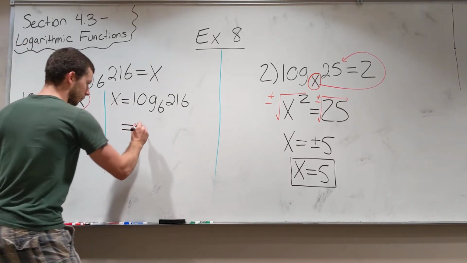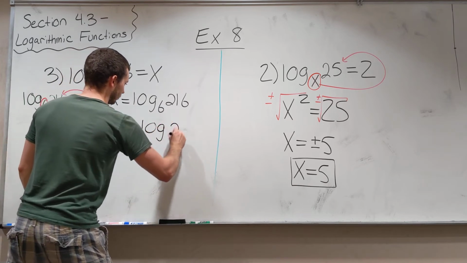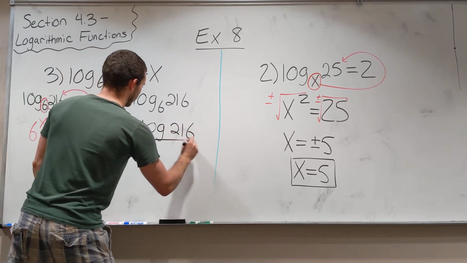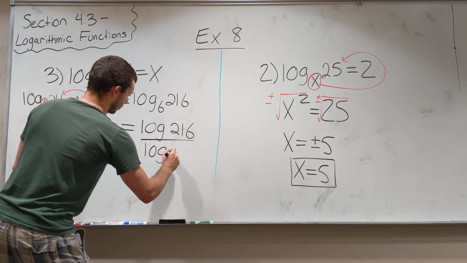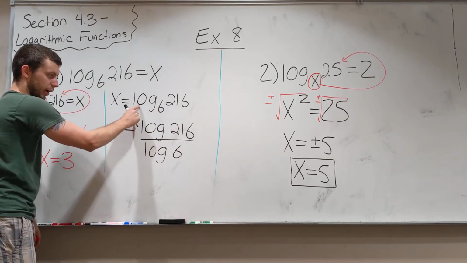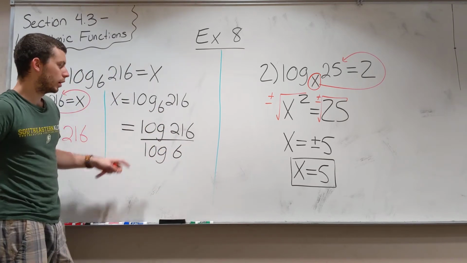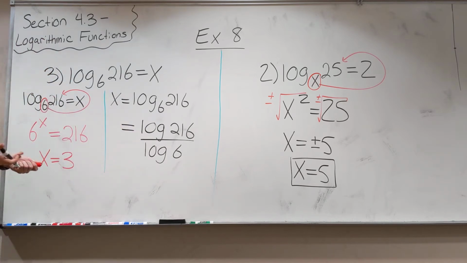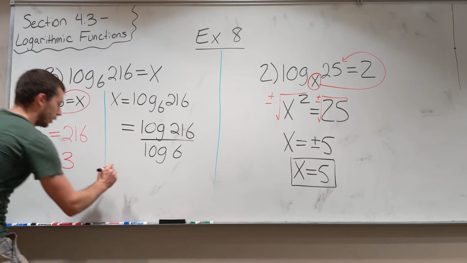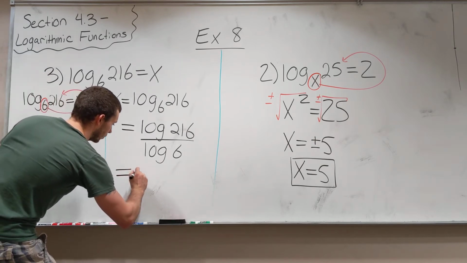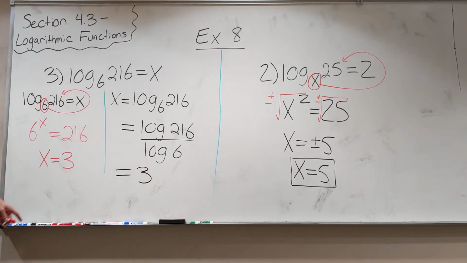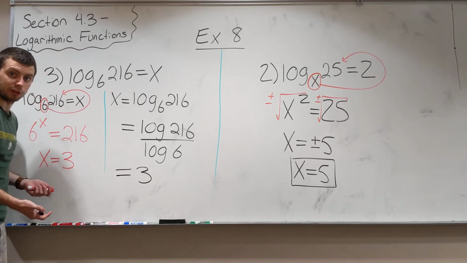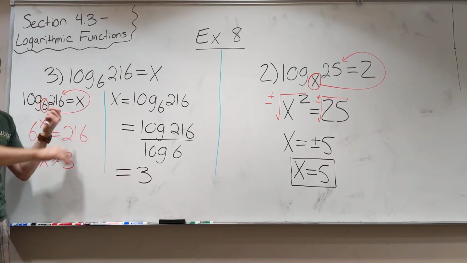This can be rewritten as log of what you are evaluating divided by log of your base. And this is the calculator-friendly version of what we were just trying to figure out. And so if you put this in your calculator, you will get 3. So either way, you get 3 as an answer. These are 2 ways you can do the problem.